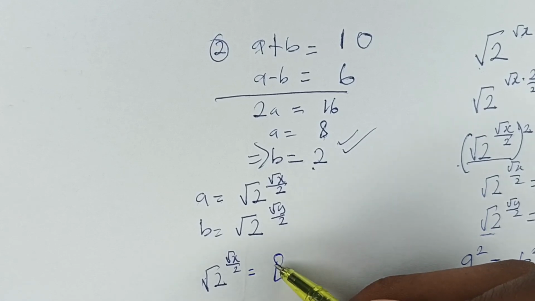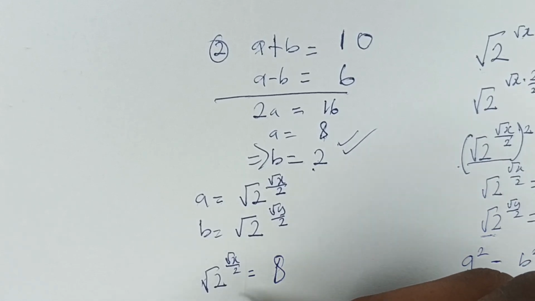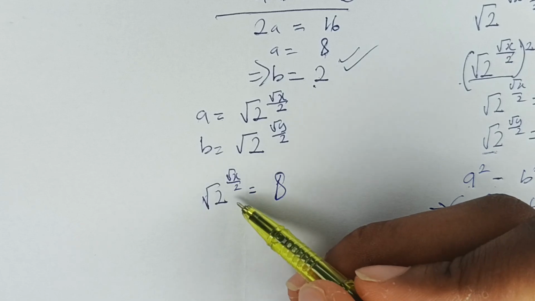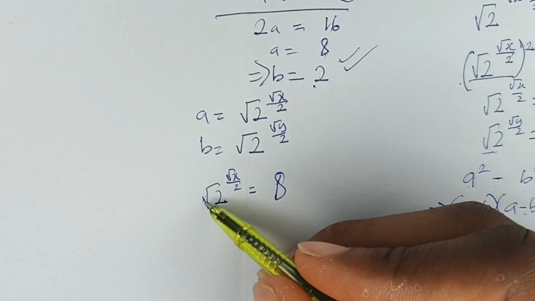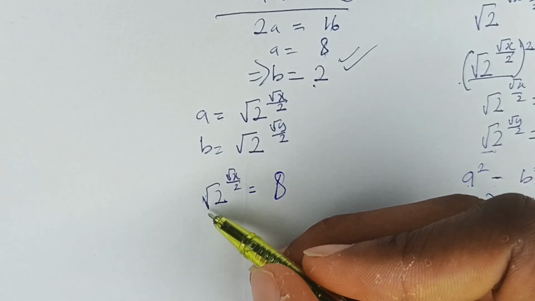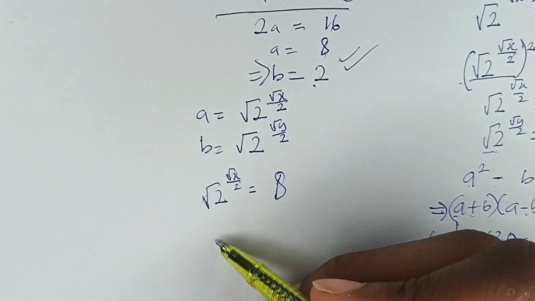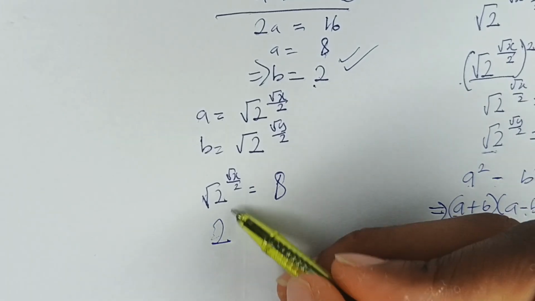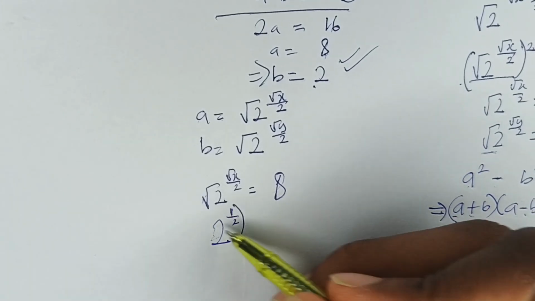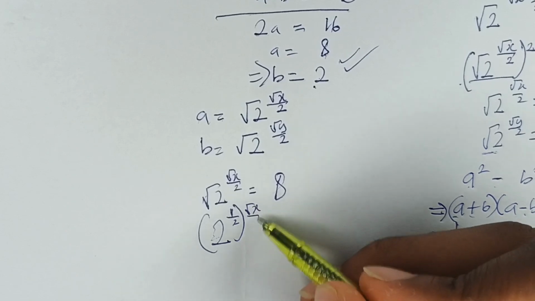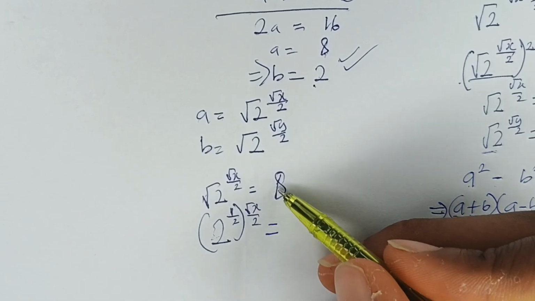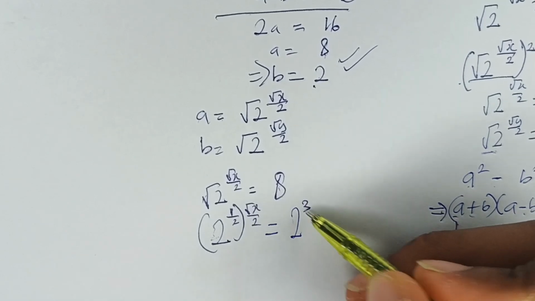All right, now first things first, square root of 2 can be expressed as 2 raised to power half. So we have 2 raised to power half, all raised to power root of x over 2, is equal to 8, which can be expressed as 2 raised to power 3.